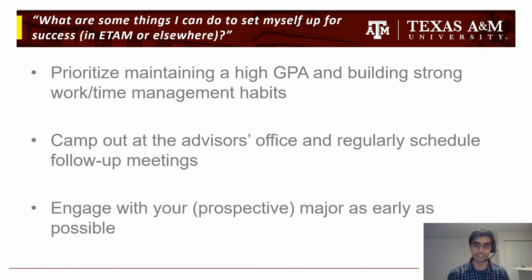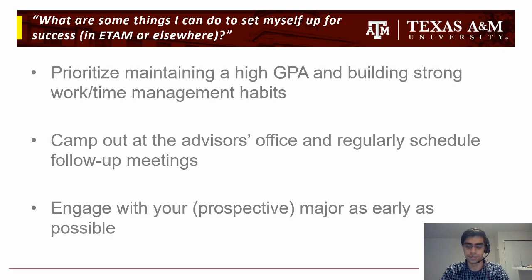And this question does go back to being major agnostic at least. What are some things that I can do to set myself up for success, whether that's in ETAM or just as far as your major goes? I have three sketched out points. These are in no way meant to be prescriptive or necessary, but especially in your freshman year, I'd suggest prioritizing maintaining a high GPA and building strong work habits, time management habits.